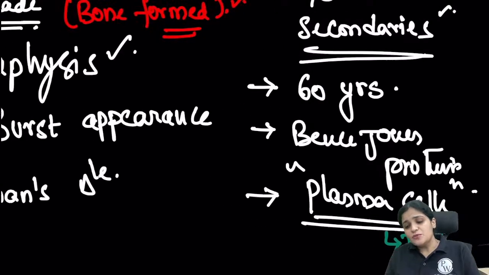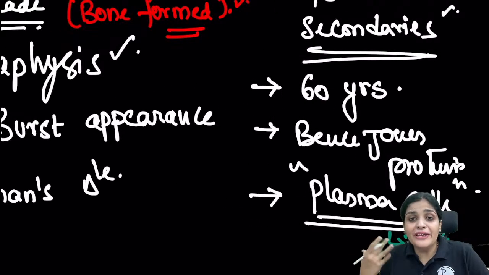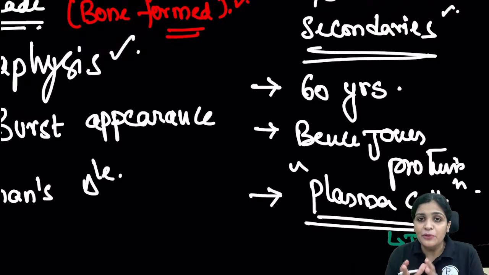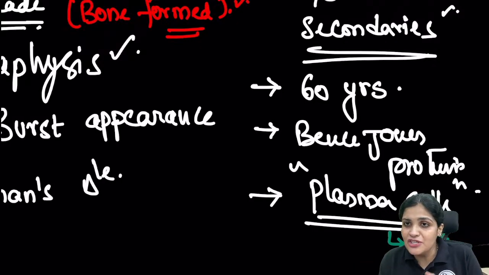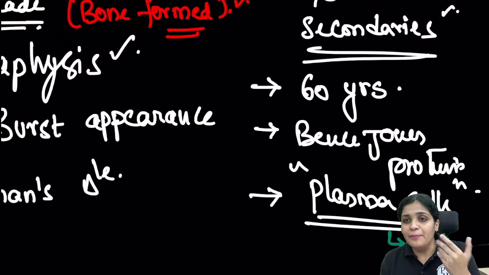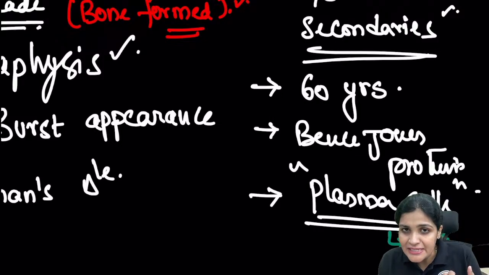And so that is why the patient will end up with a lot of infections, because the immunoglobulins which are produced are not proper. They're all modified. These antibodies can't fight the antigens which are entering the body. Hence the patient will end up with a lot of infections, right?